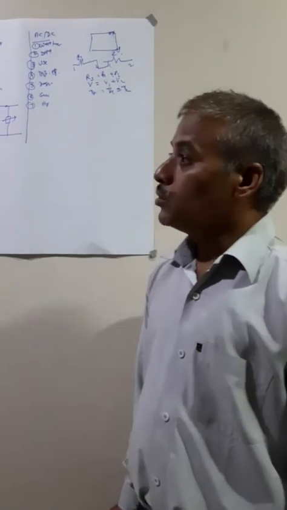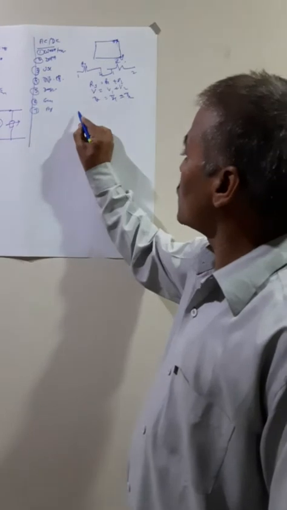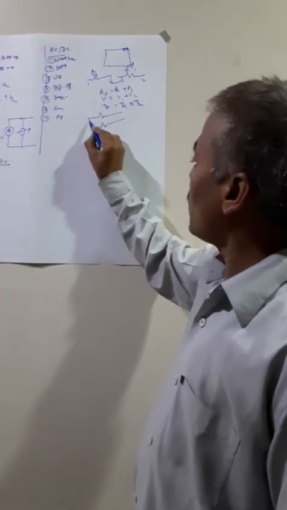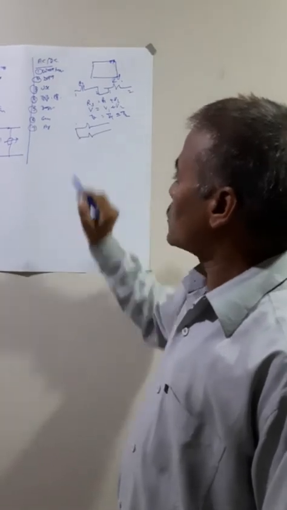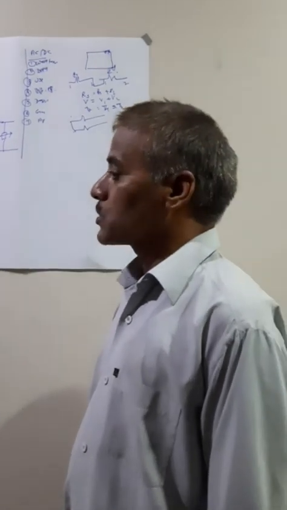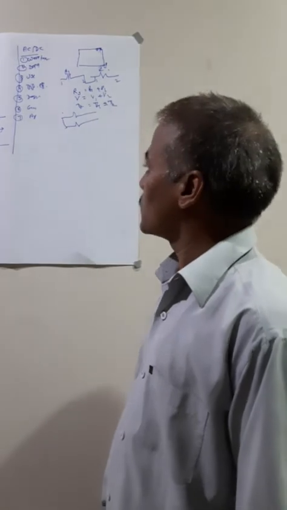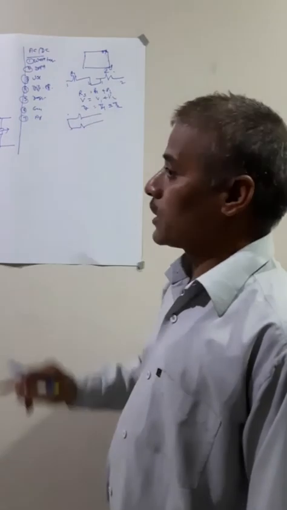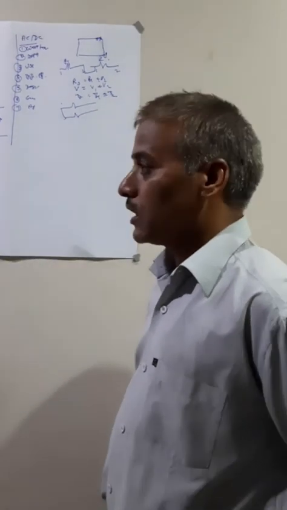When two resistors R1 and R2 are there, the first terminal of R1 is connected to the first terminal of the second resistance, and the second terminal of the first resistance is connected to the second terminal of the second resistance.